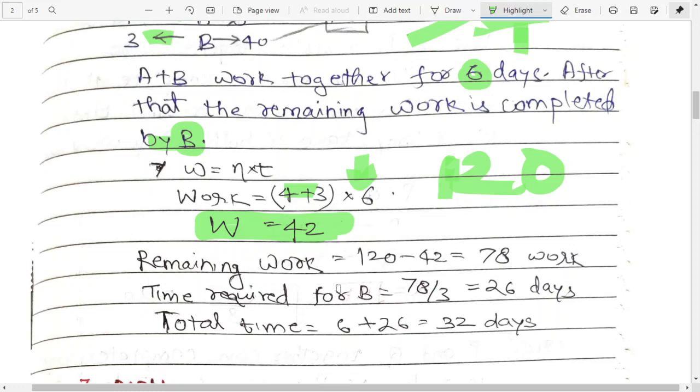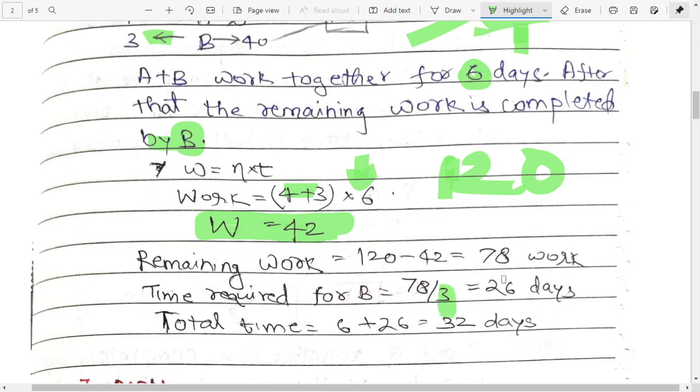So what was the time required for B to perform it? The efficiency of B was 3 and the total work was 78. Using the formula efficiency into time equals work, you already know the work and you already know the efficiency of B, which is 3.